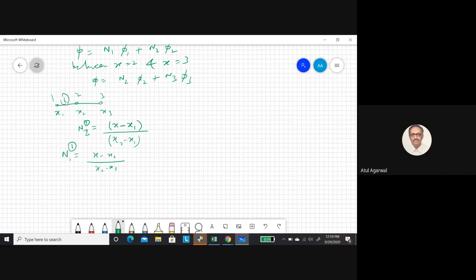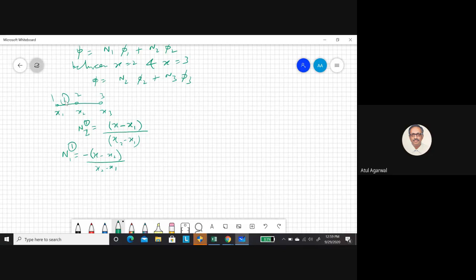You see, if you put x equal to x1, you have to put a minus sign also here. Then you will get (x2 minus x1) upon (x2 minus x1), a value of 1. Put x equal to x2, you get a value of 0. So your shape function 1 has a value 1 here and 0 here.